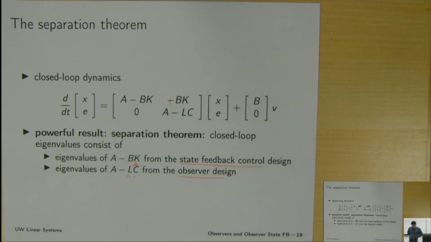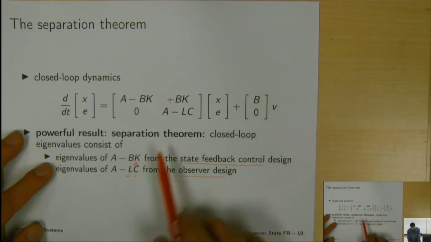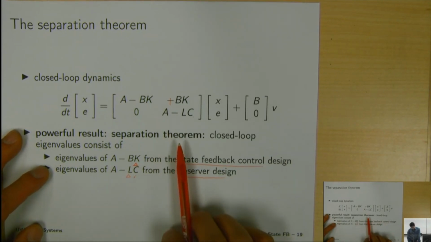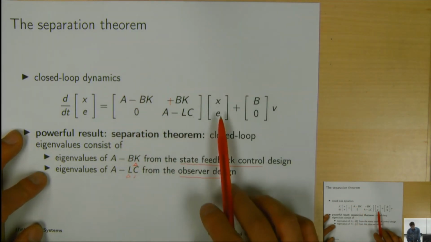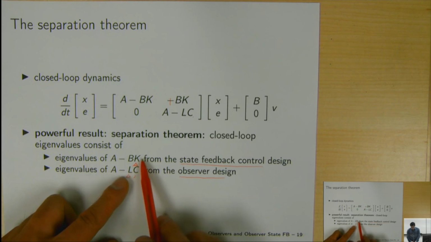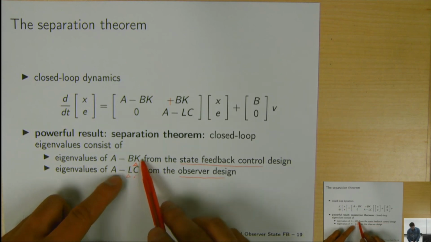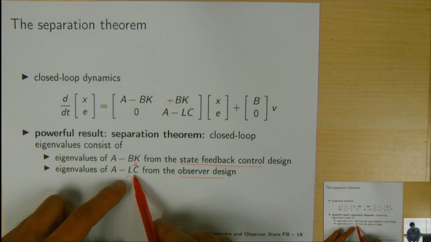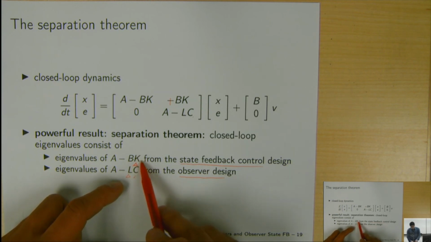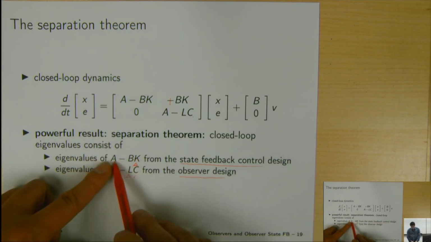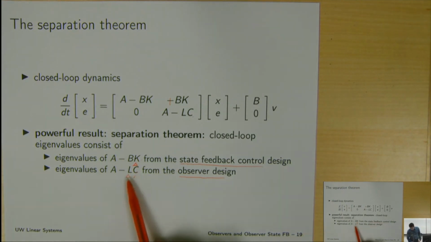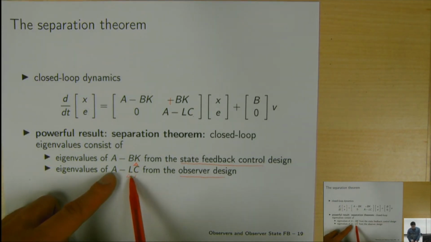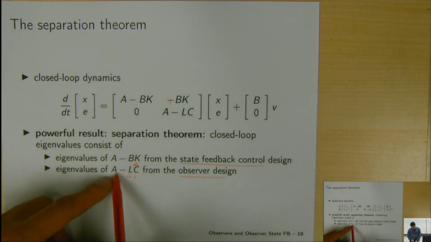This is a very nice separation if you think about it. It tells us that if you want to do observer state feedback, you can control the eigenvalues of the overall system by designing the state feedback separately from the observer. You can design state feedback just as if you want to control a fully controllable AB pair, and then you design the observer just as if you are doing a single observer design with the A and C pair.